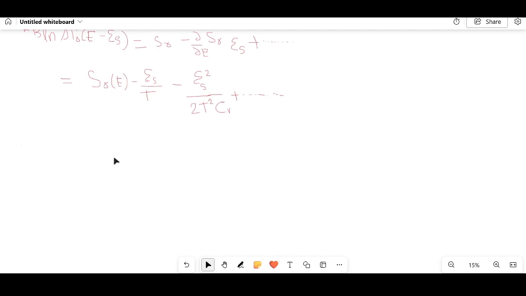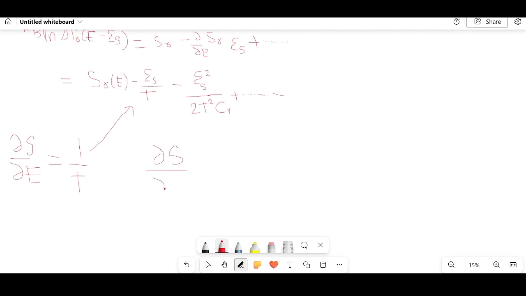we can solve the above series like this because partial S by partial E is equal to 1 over T, which we have put in the second term, while the third term is written due to partial S by partial T is equal to Cv divided by temperature T, where Cv is heat capacity at constant volume and partial E by partial T is equal to heat capacity.